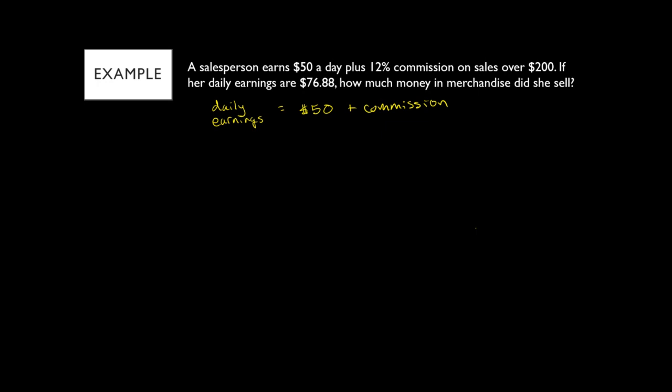And so this is where we could plug in our commission formula. So it's going to be $50 plus the merchandise that was sold times the commission rate.